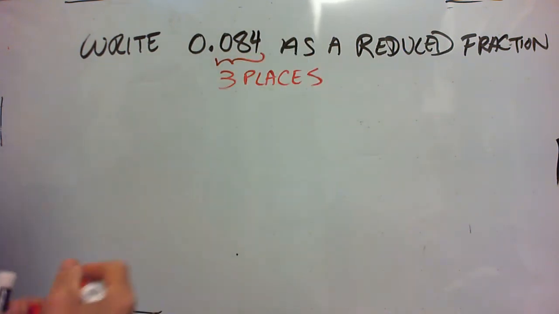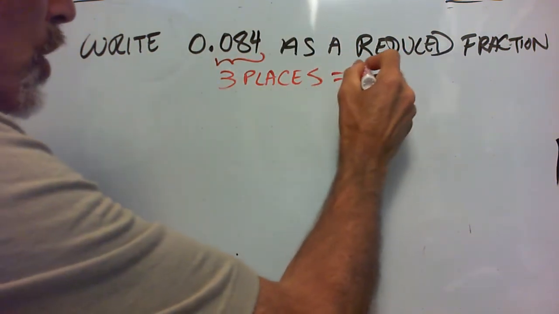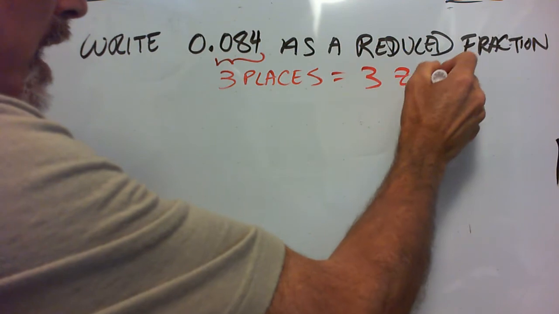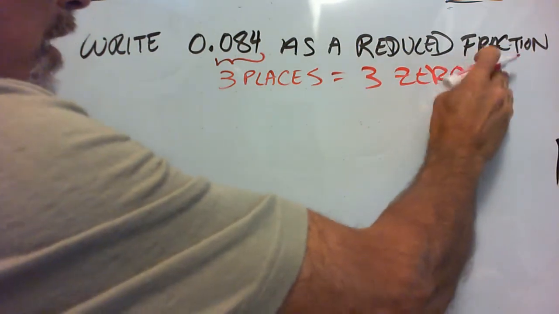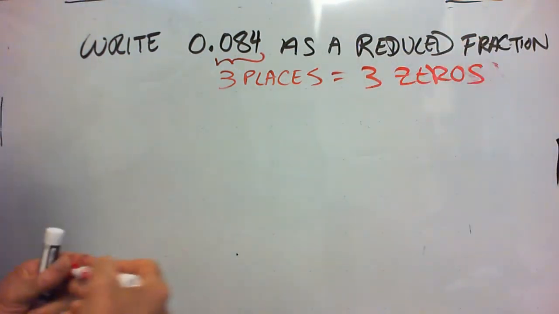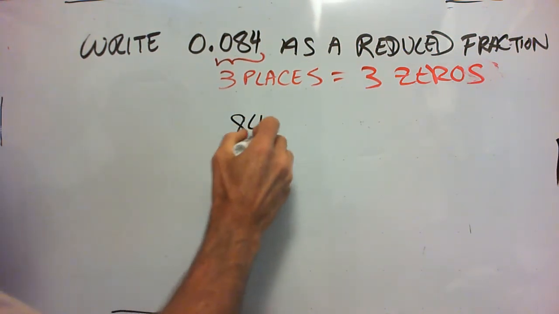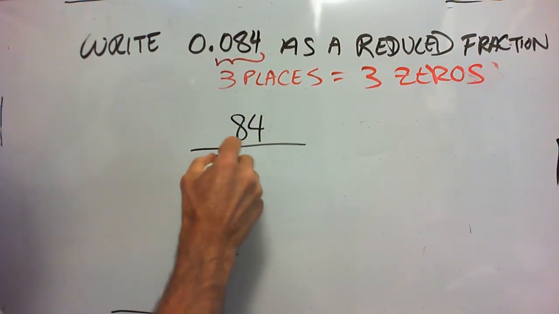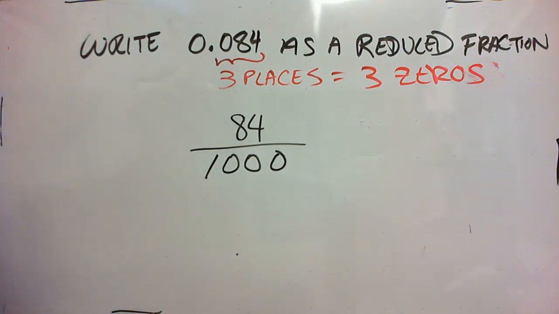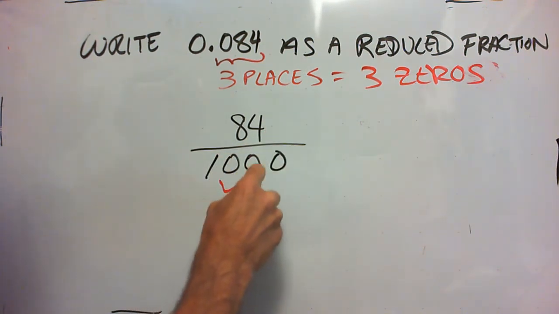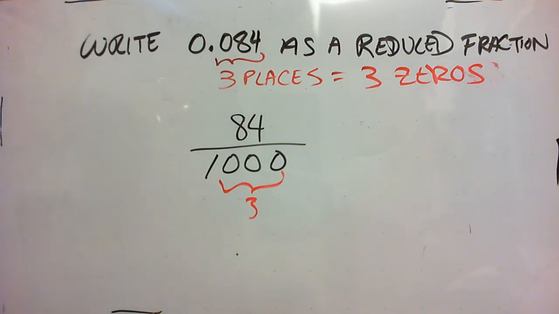There's 3 places. That means 3 zeros in the power of 10. So we place 84 over 1 with 3 zeros. So it's 84 thousandths. And then reduce from there.